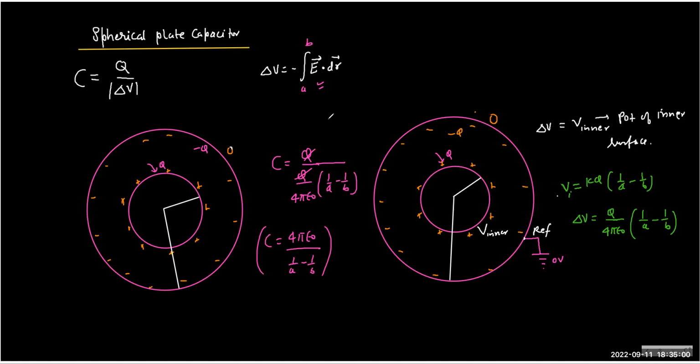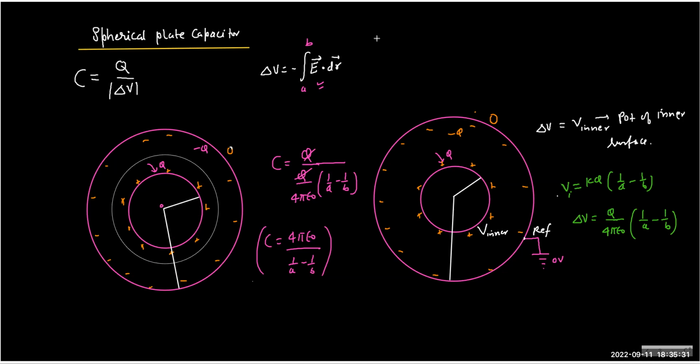So, what is the electric field at a general distance r from the center of the shell? Tell me. What is the electric field? Tell me, guys. Q by 4 pi r square epsilon.